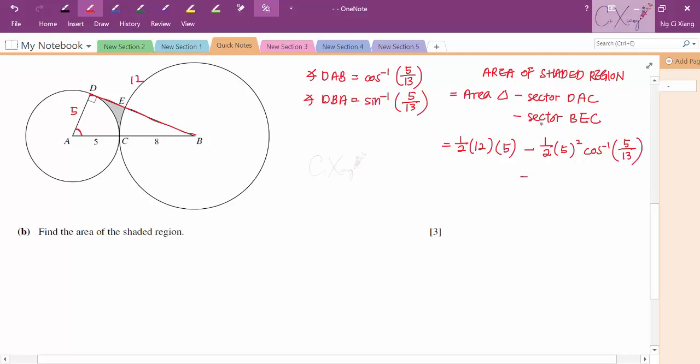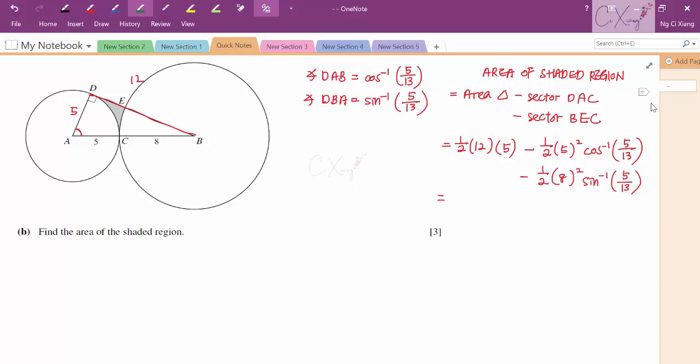Then minus the sector BEC, which is half times 8 squared times theta, where the theta will be angle DBA, which is sine inverse 5 over 13. Okay, so again, straight away pressing the calculator for this part, you'll get the final answer.